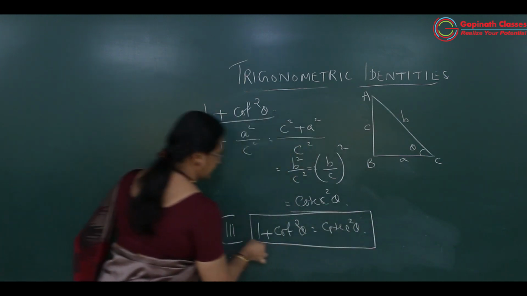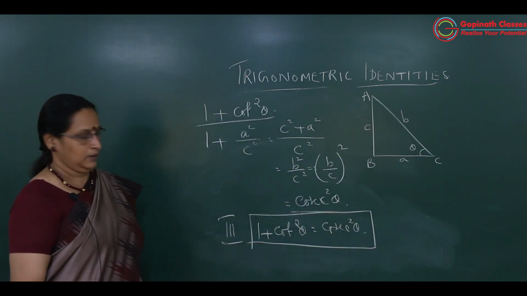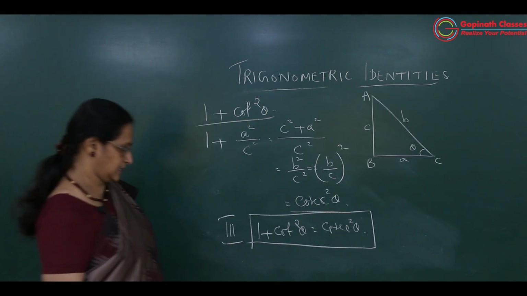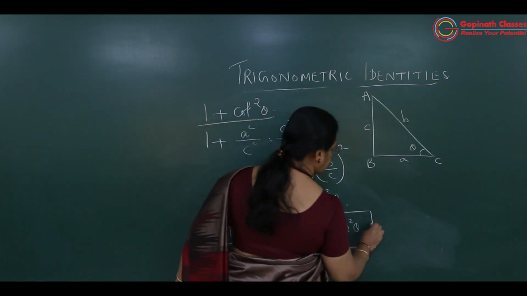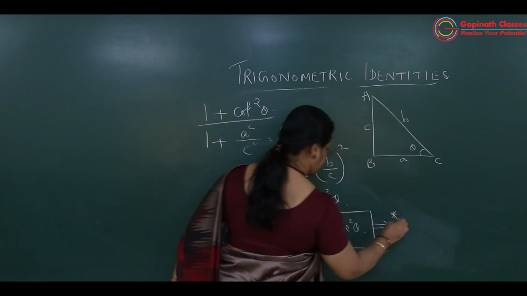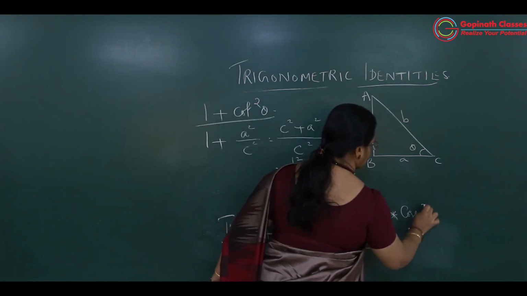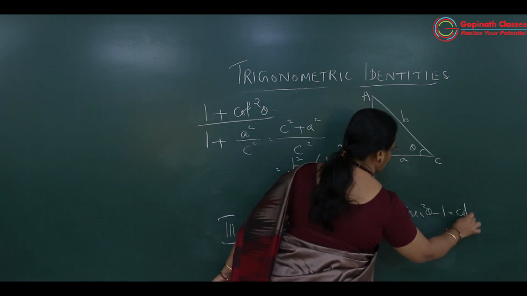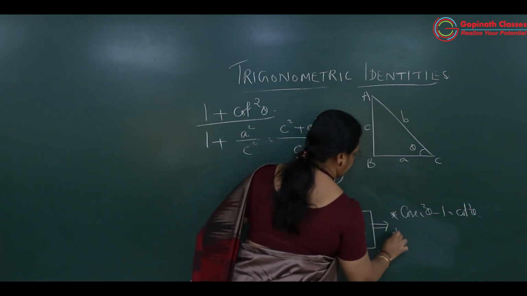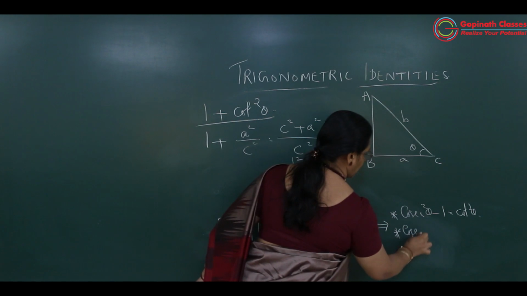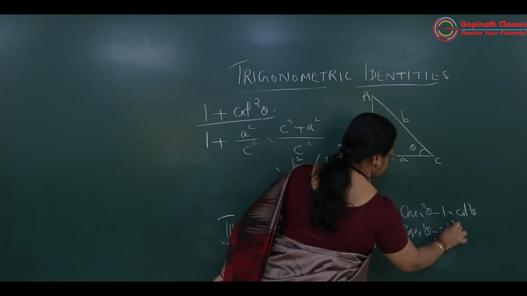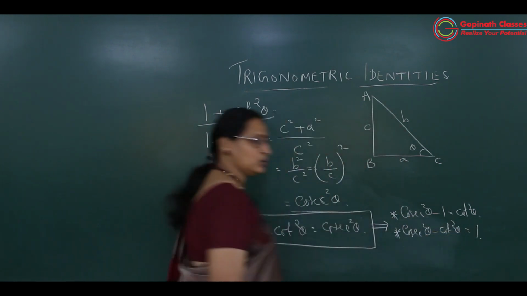So this is the main third identity. 1 plus cot square theta is equal to cosec square theta. From this I can get two derived results, namely cosec square theta minus 1 is equal to cot square theta, and the second derived result is cosec square theta minus cot square theta is equal to 1.